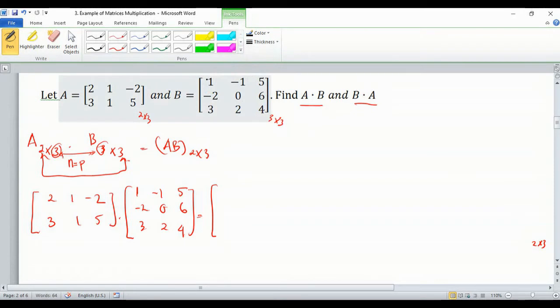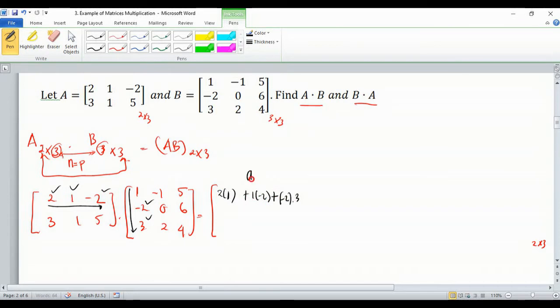Remember, to multiply these matrices, the rule is you multiply the row with the column. So, 2 times 1 plus 1 times -2 plus -2 times 3. This is the first row with the first column.